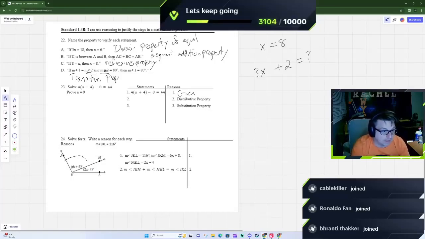And I didn't write it. The problem did. So you've got to call that given information, okay? Now, the next reason they gave was the distributive property. So that means I need to distribute this 4 inside. And when you distribute, you're multiplying. 4a plus 16 minus 8 equals 44.